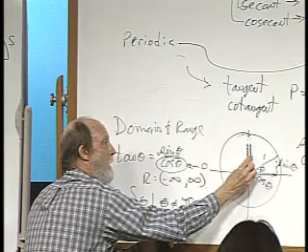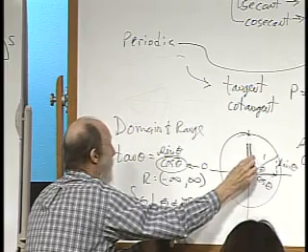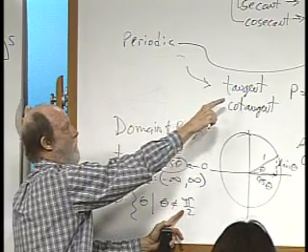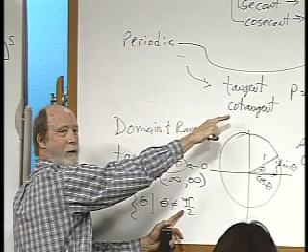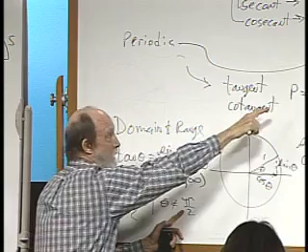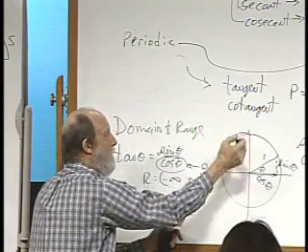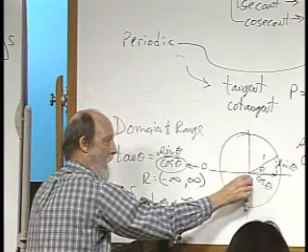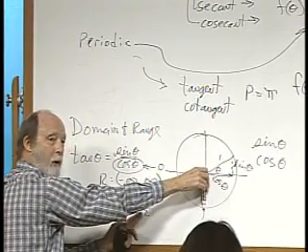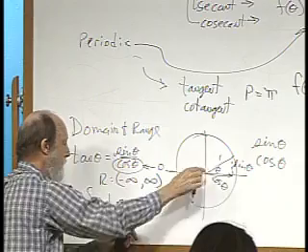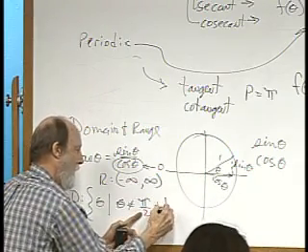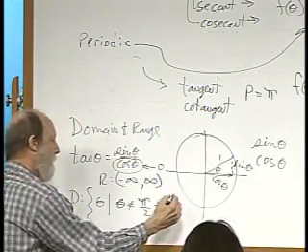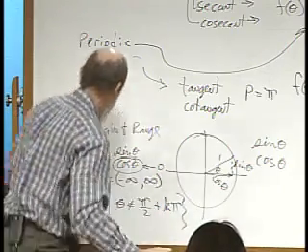How often? Every pi on tangent. Remember, go back to the tangent or cotangent functions here. They're periodic on pi. Undefined tangent at pi over 2, you add pi to that or subtract pi from that, you're going to end up here with an undefined tangent as well. So the way you typically write that is you put an integer multiplier there times pi. So that's set notation describing that.